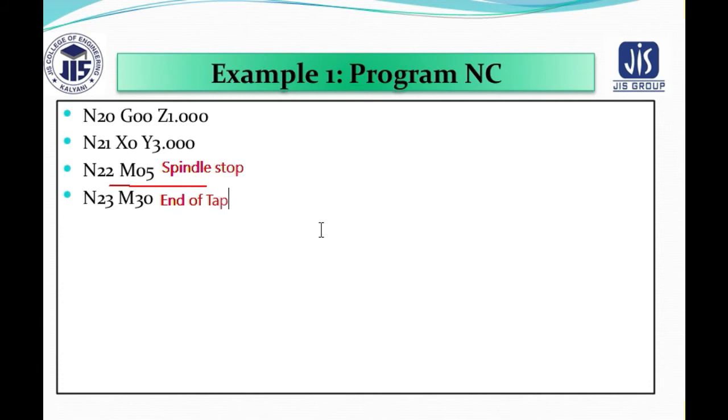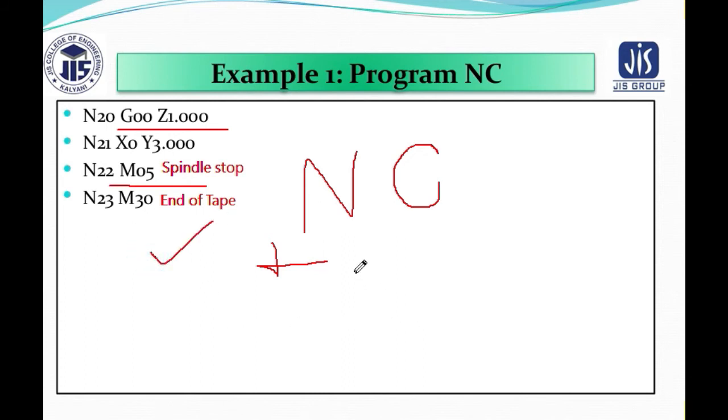End of tape means you are just ending the program. Okay, again you see, after completing the operation they have used G00 because there no cutting operation is occurring. So after completing the N and C, they have come to the origin position or a little bit away from the origin. Okay, so this is the way you are writing the program.